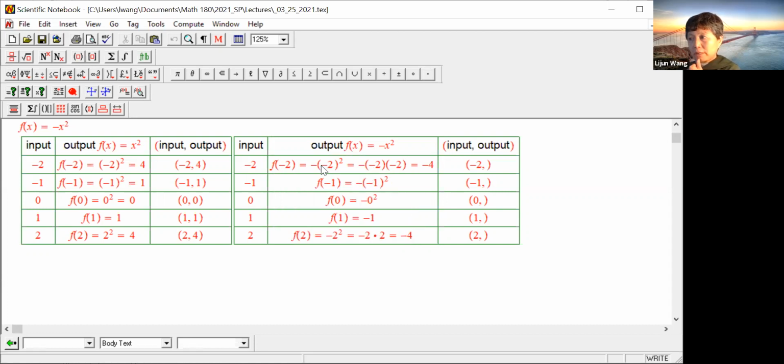The important part here is that if you look at this part, it's an exponential form. The base is -2, the exponent is 2. And you look at this part, the base is 2, the exponent is 2 as well, okay?